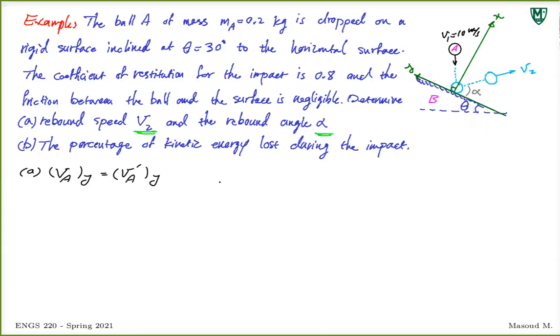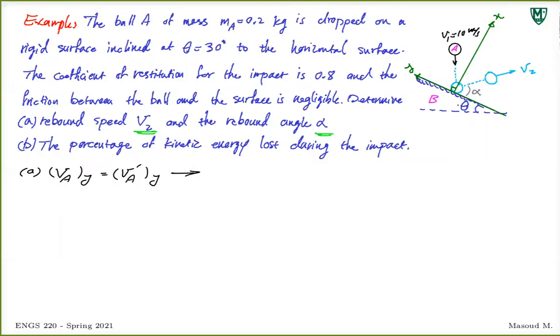Or you can just write ma va is equal to ma va prime. I just canceled m from both sides. From there, that's where I wanted you to pay attention.